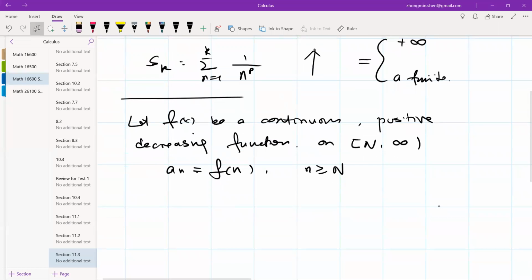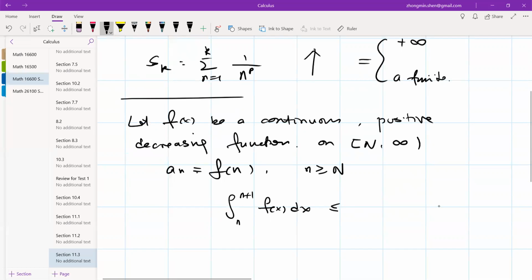So before I state the theorem, let's figure out what's going on here. We integrate from n to n plus 1. So what do you get? The function has an upper bound.